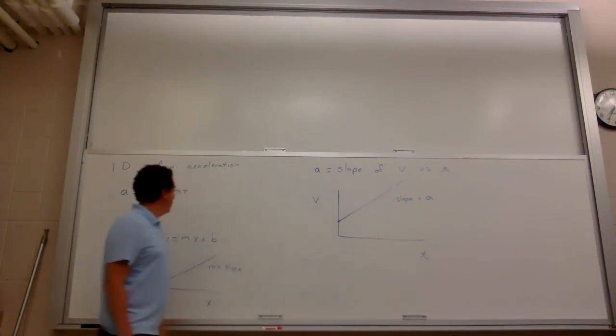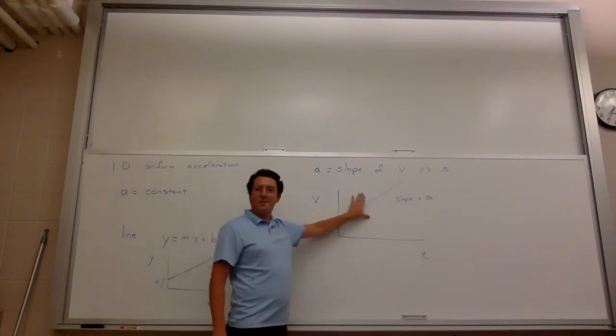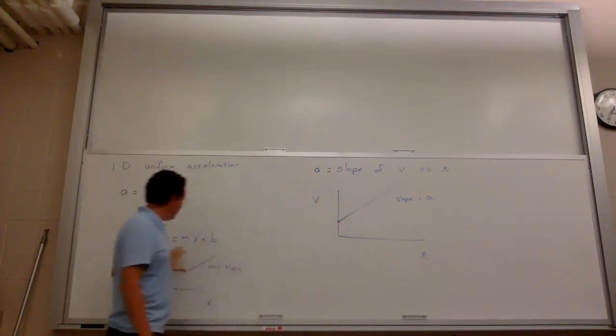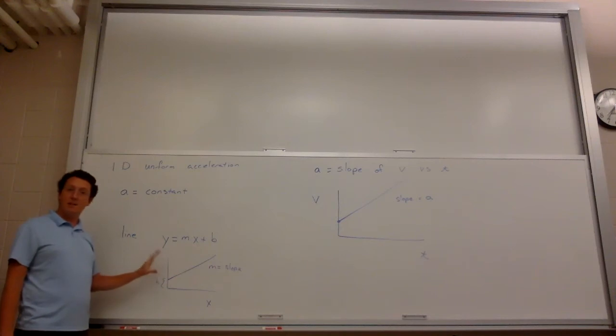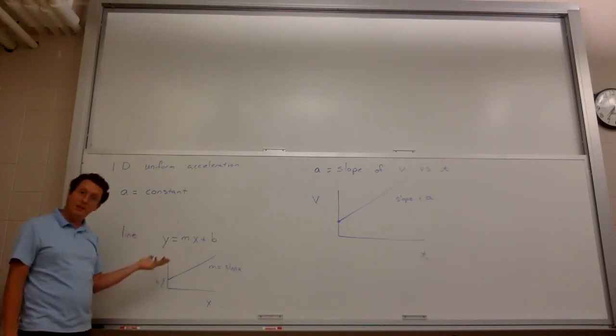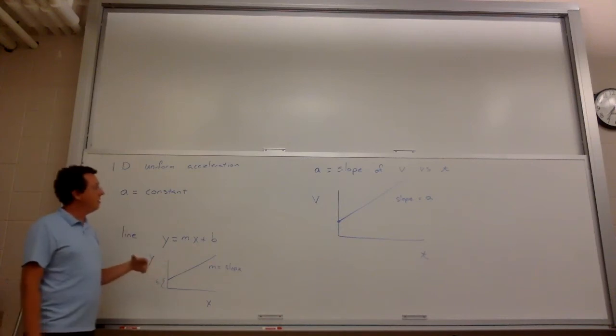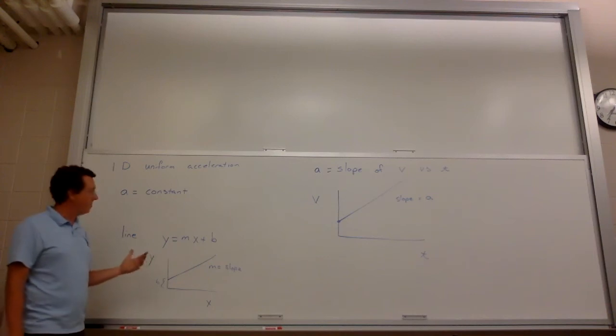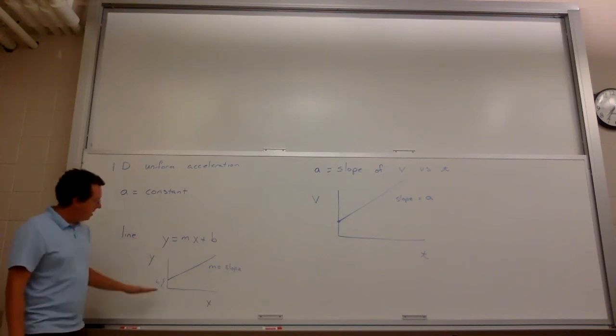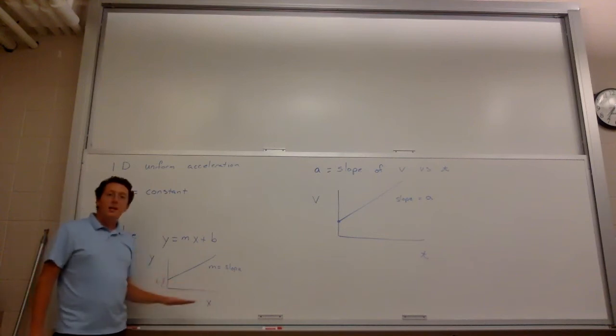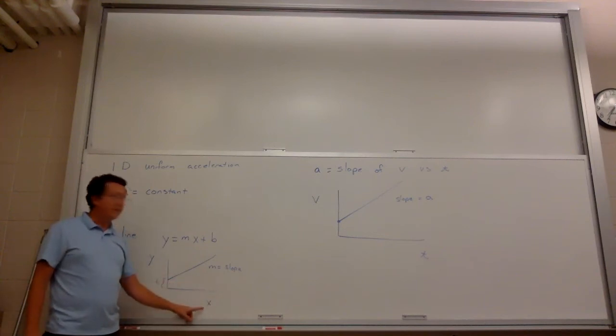Very good. Well, shoot. This graph looks a whole lot like this graph, but we need to change the spelling. Here the independent variable was x.